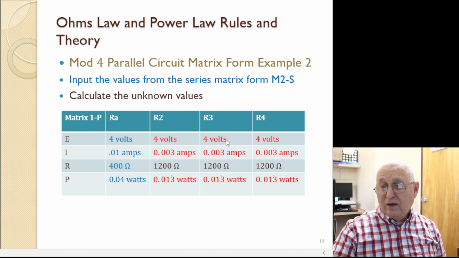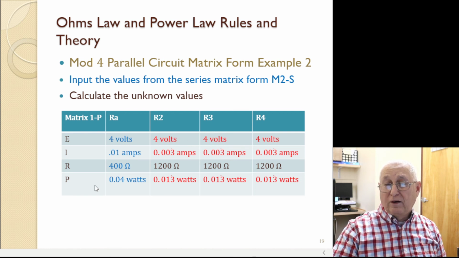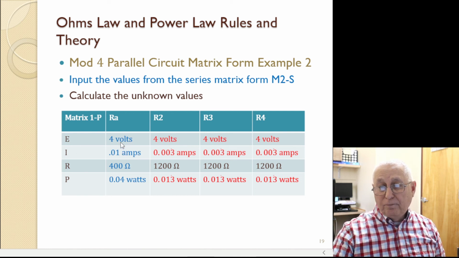So everything is the same on voltage because it's a parallel circuit. I have 4 volts drop on each one of these. 0.01 times 4 gives me 0.04 watts. 0.003 times 4 gives me 0.013. These are rounded off.